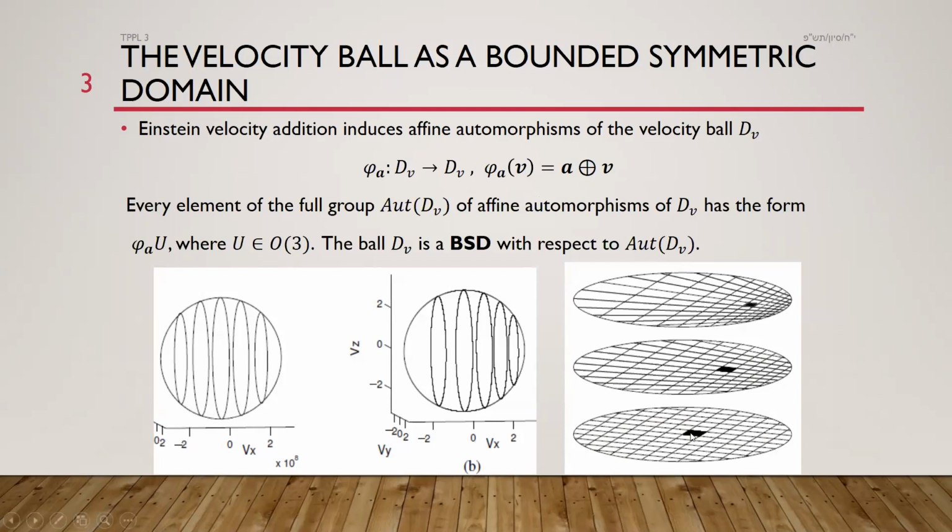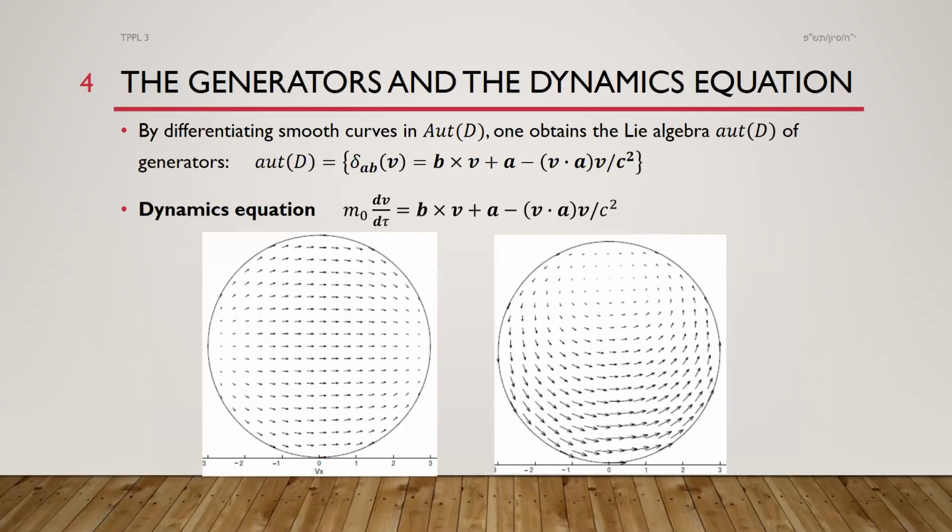And you can see in the right-hand picture how the velocities are affected by these boosts. And notice that lines go to lines. This is the projective geometry. Lines are preserved, but angles are not. And then we calculated the generators, or showed what the generators are, by differentiating smooth curves in this group of automorphisms. This led to a dynamics equation.